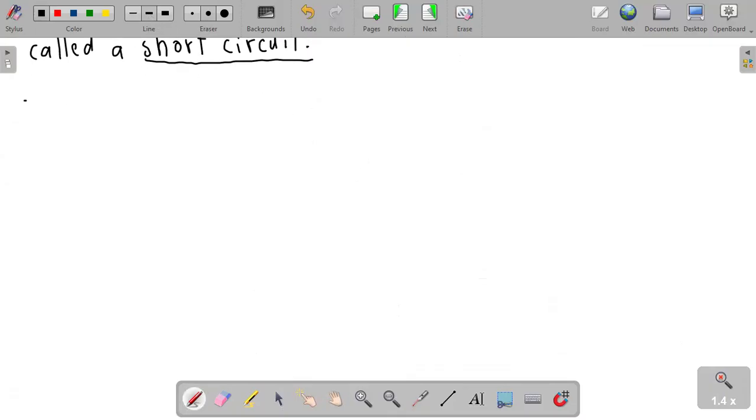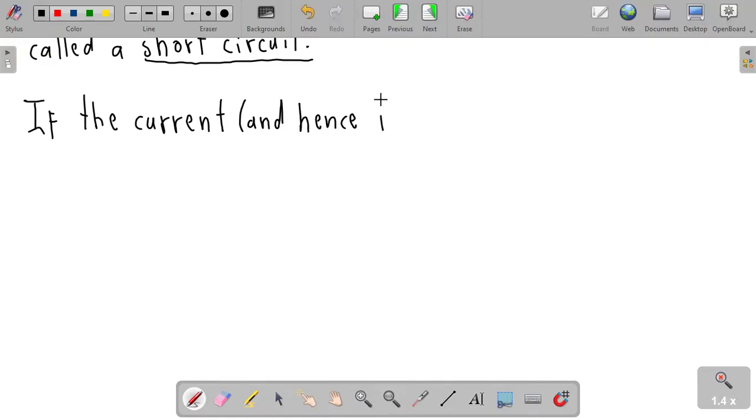also, so if the current enhance the heat.